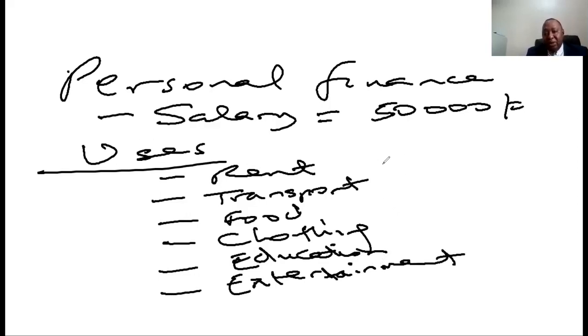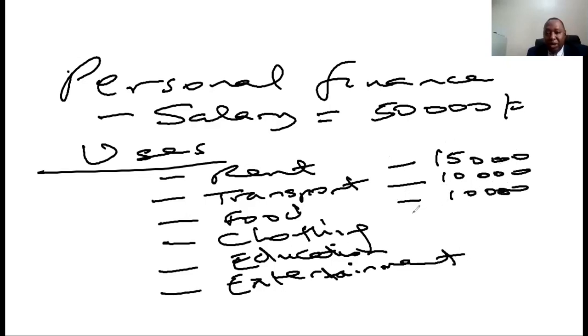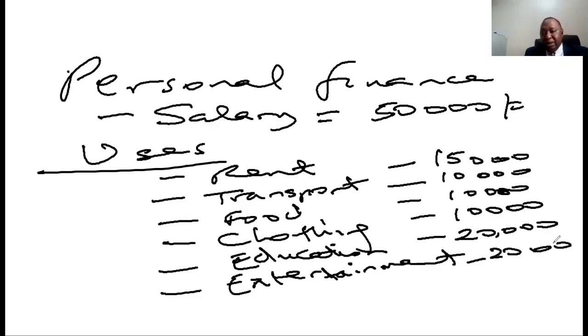So we must ask ourselves how much. This sometimes is fixed. Let's say you are staying in a house where you pay 15,000 shillings. Transport to town, maybe 10,000. Food, you keep maybe 10,000. Clothing, you require maybe 10,000. Education, you pay fees, so on a monthly basis you say education maybe you require 20,000. And entertainment, you would, for example, be very happy if you are to have 20,000 for entertainment.